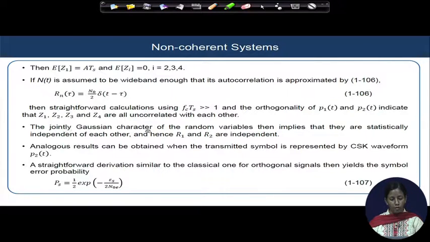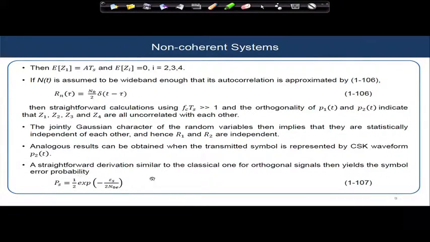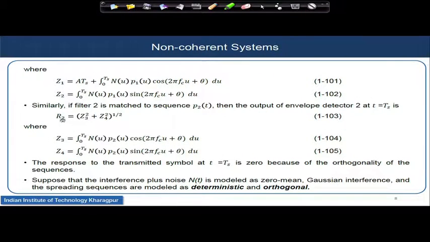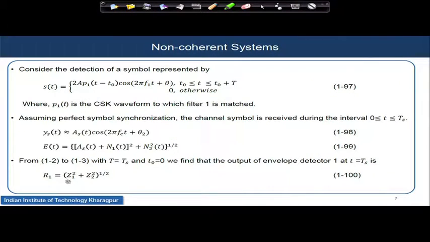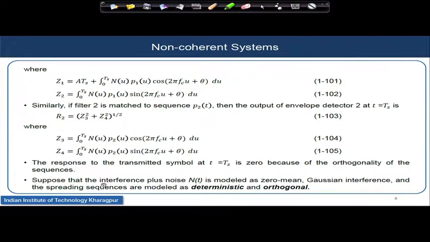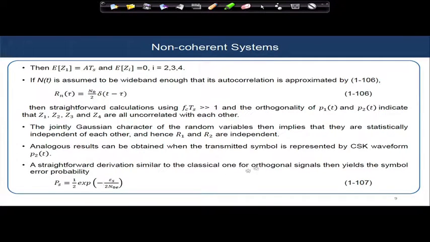The jointly Gaussian character of the random variables then implies they are statistically independent of each other, and hence R1 and R2 are independent. So these two are now proved to be completely statistically independent.